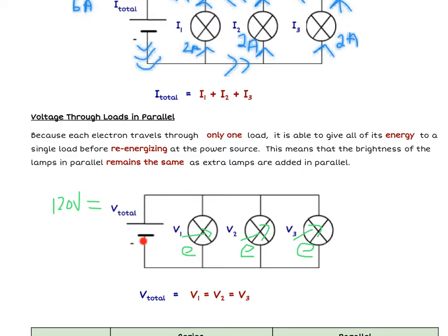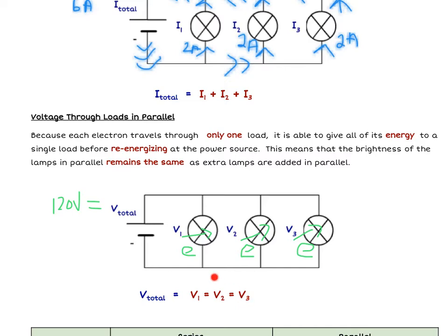So 120 volts gets lost here. However, a different electron traveling through the second lamp instead is also going to have to lose all 120 of its volts, right? Of its energy. And then the same goes for that same loop. So when we're talking about the total potential difference, if these lamps are organized in parallel, we know that the voltage across each of them has to be equal.